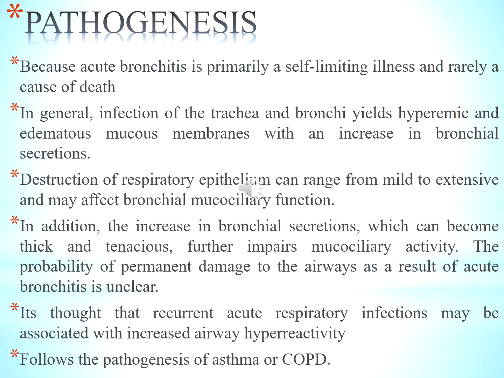In addition, the increased bronchial secretion can become thick and tenacious, and further impairs mucociliary activity. The probability of permanent damage to airways as a result of acute bronchitis is unclear. Recurrent acute respiratory infections may be associated with increased airway hyperreactivity, and this follows the pathogenesis of asthma or chronic obstructive pulmonary disease.